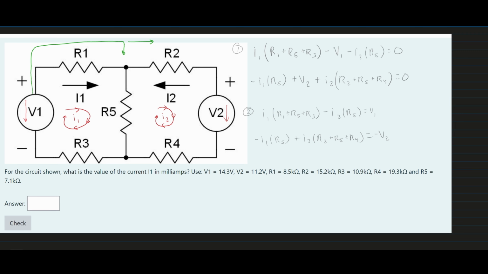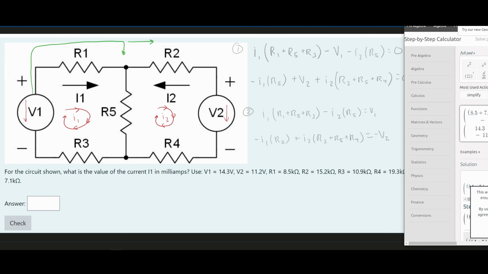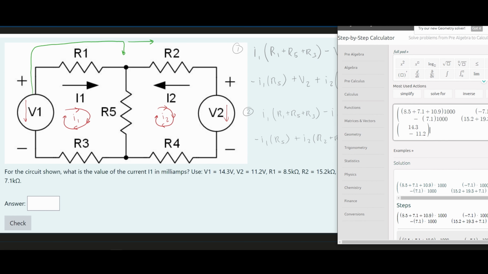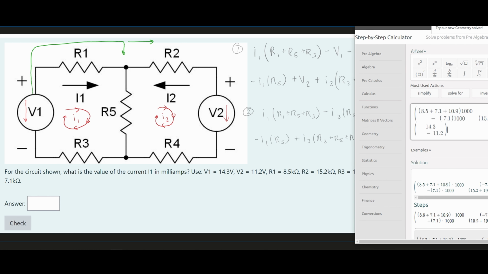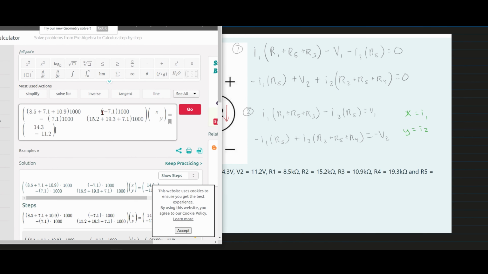Now we can take all of this and plug it into a calculator, which I've already done right here. For the first one, with the matrix, I'm representing I1 and I2 as X and Y. So X is I1 and Y is I2. We can see our X and Y are right here. Then we have everything related to our I1.